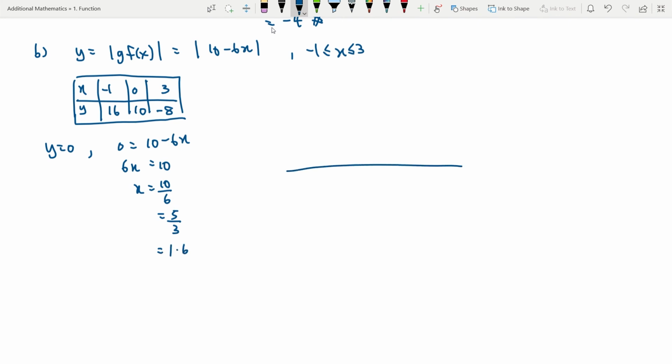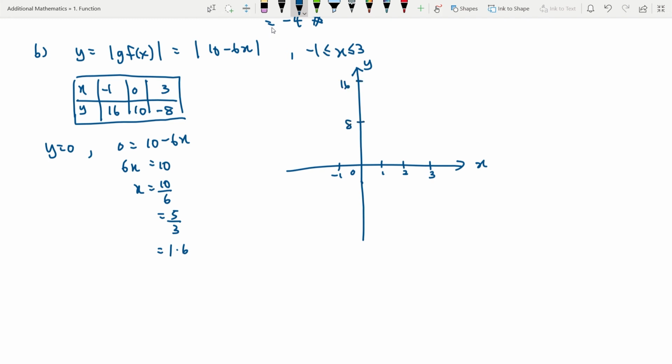First, we draw the axis. x and y. We have -1, 1, 2, 3. When x equal to -1, we have 16. So the greatest value is 16.